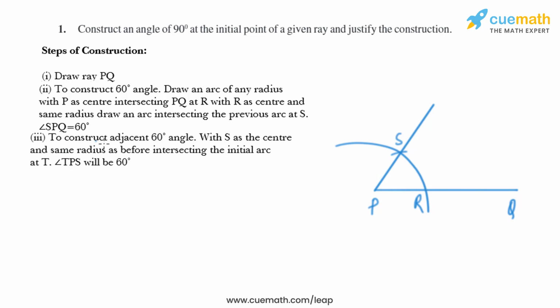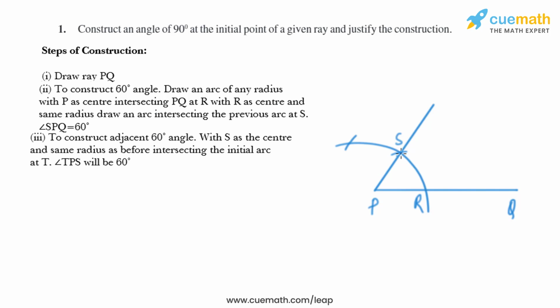Now in the next step, to construct an adjacent 60 degree angle, with S as the center and the same radius as before, intersecting the initial arc at T, angle TPS will be 60 degrees.